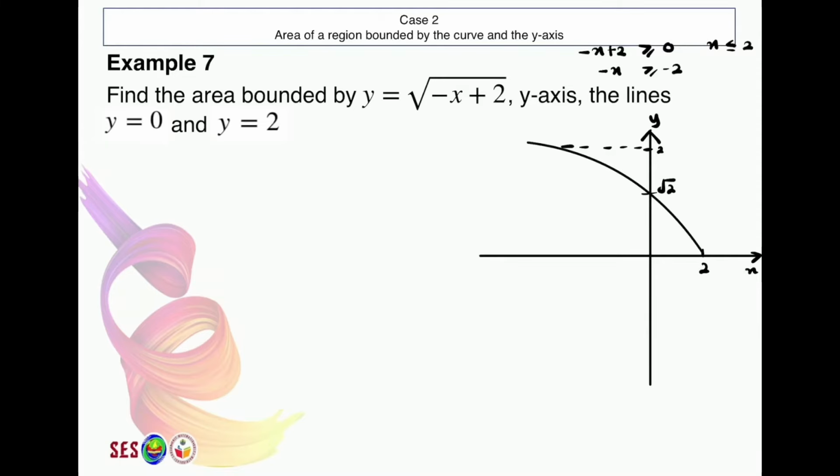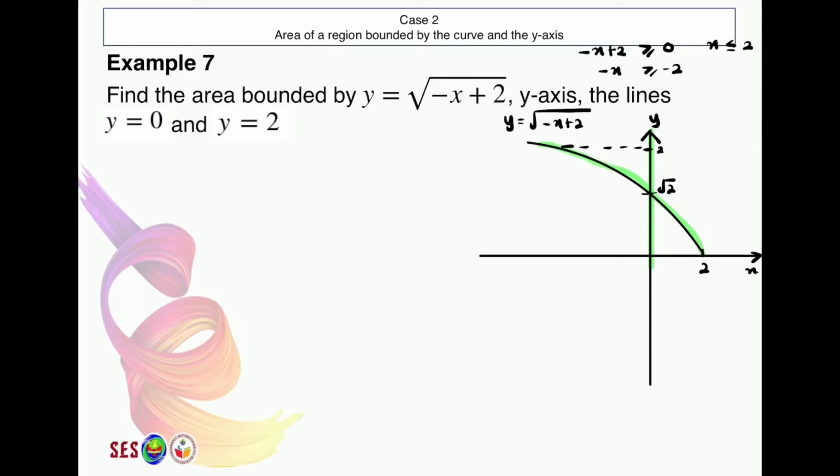So this is y equals 0. So this is y equals square root of minus x plus 2, so I'm going to label it y equals square root of minus x plus 2. So this is your y-axis. So this whole thing is the y-axis.